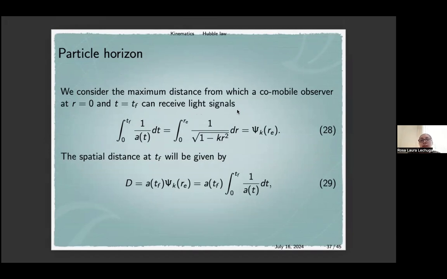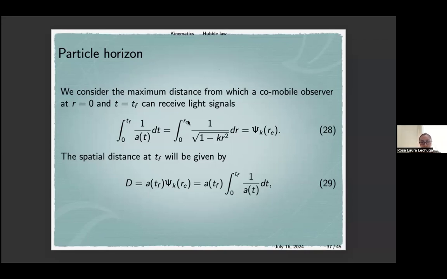And the signals they send are codified using this expression. As you can notice, this expression is the same that we use for the redshift and for the angular distance. And actually, we're going to use the same definition for this sigma.